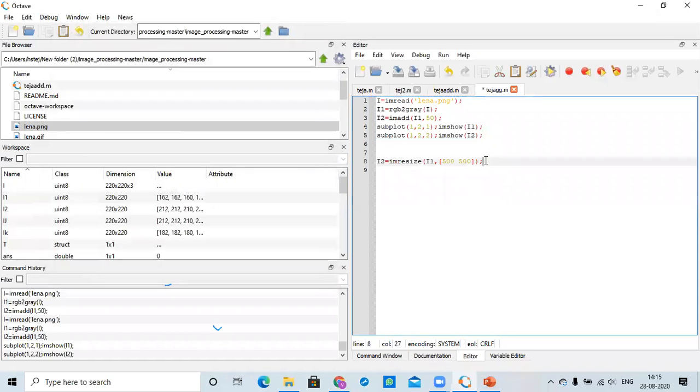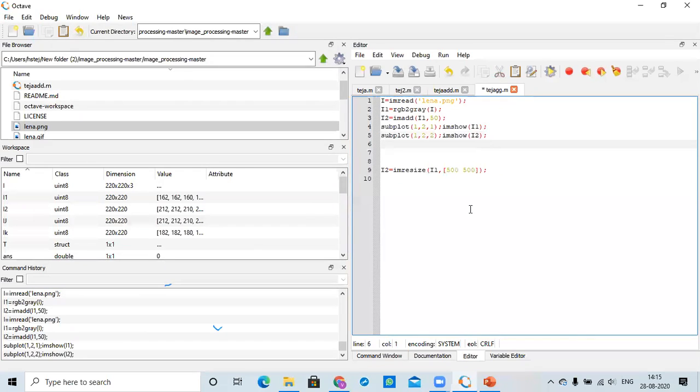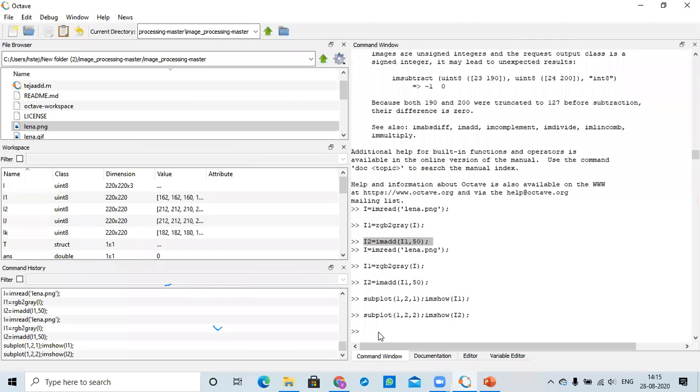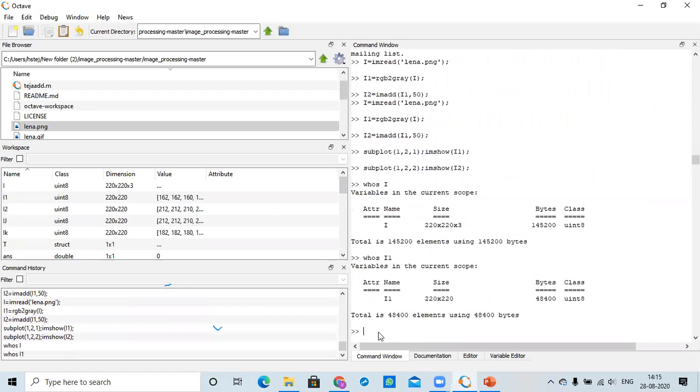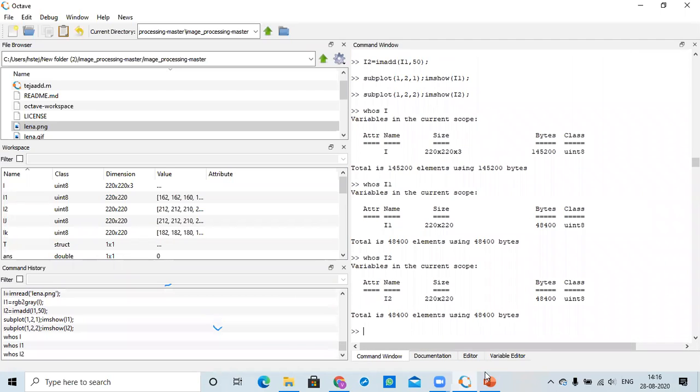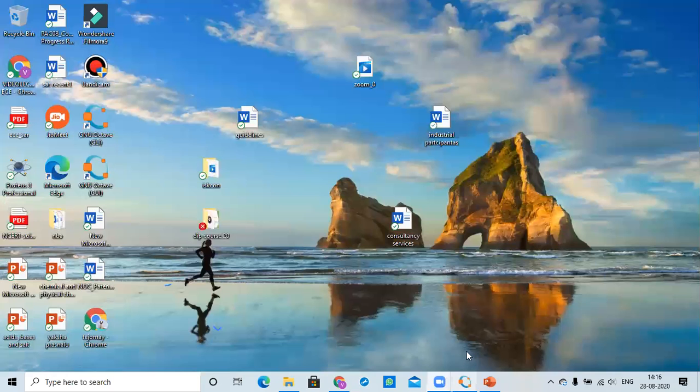Then after addition we will do subtraction also. I1 is 220 by 220. I2 is also 220 by 220. Then let us have the subtraction of these two.